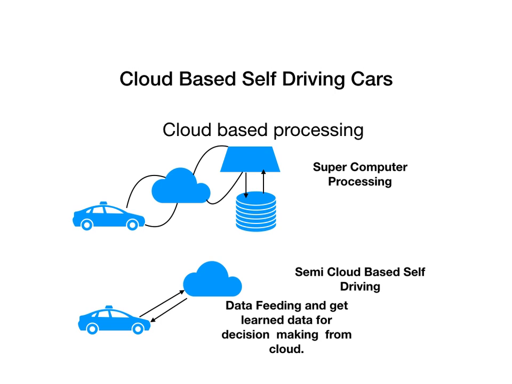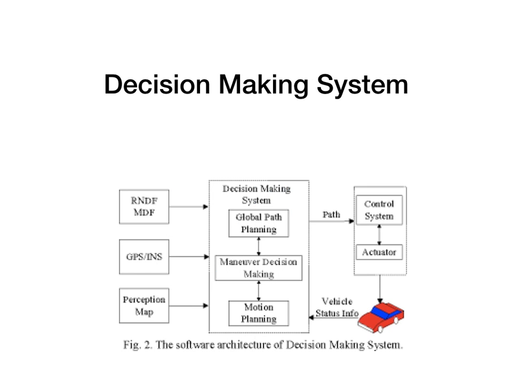Now we can explain a little bit about the decision making system. In the decision making system, the car takes the information of the road and GPS, etc., and the information from the input system to the control system. They plan a roadmap and then decide the steering angles and speed according to that.